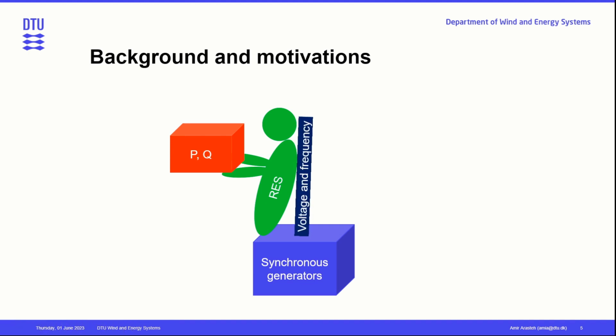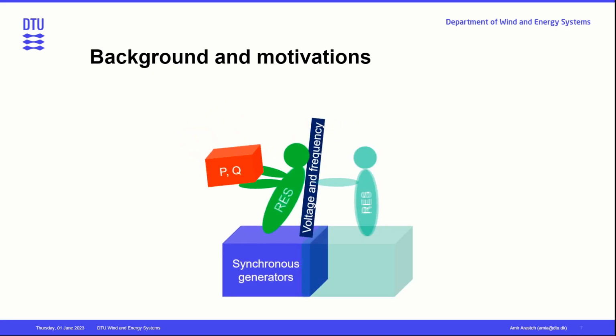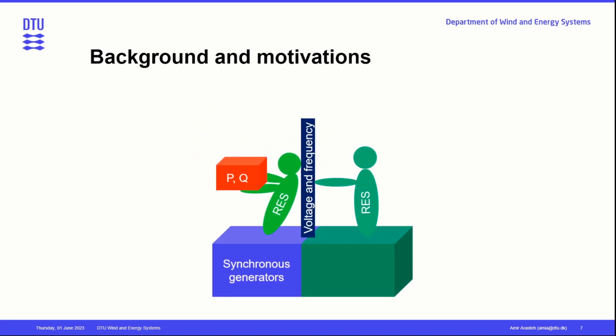So probably the foundation is not anymore strong enough to maintain the voltage and frequency, and we are at the risk of voltage and frequency collapse, which means that the renewable energy sources are not able to control their active and reactive power properly and lose stability. One solution for that is grid forming control schemes to support voltage and frequency in the system.